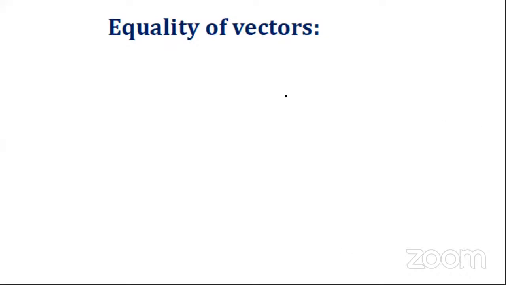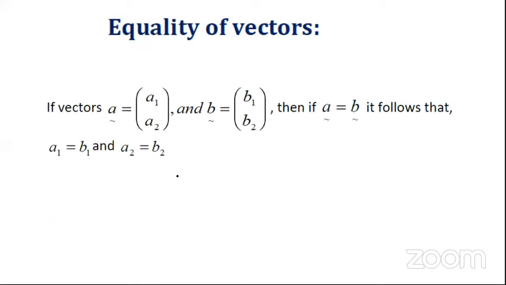So when do vectors become equal to each other? Okay. We are saying, if vector A is given by this column vector, and vector B is given by this, then when we have the same values, one to the other, we say vector A is equal to vector B. What does it mean when you say that vector A is equal to vector B?